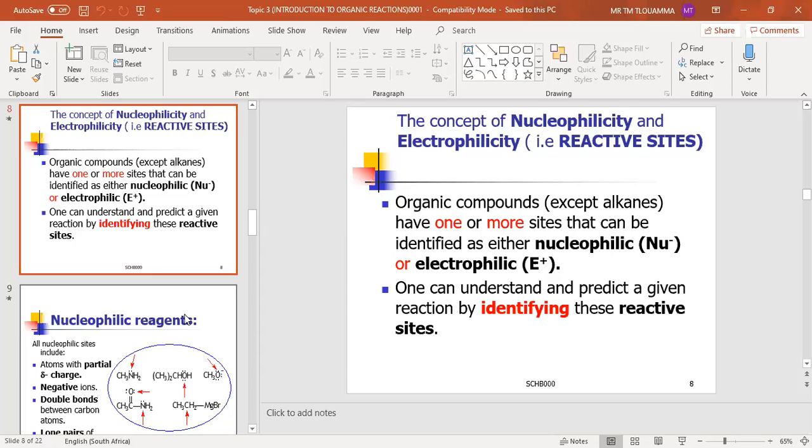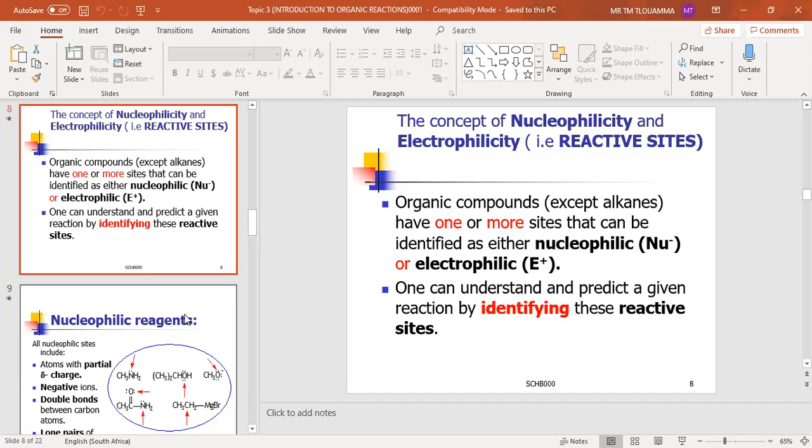So normally the nucleophiles are produced in the formation of the acids and the bases. They have the tendency of what? Of donating the electrons. Whereas the electrophile is an atom or a molecule that in a chemical reaction will contain the electron pair available for bonding.